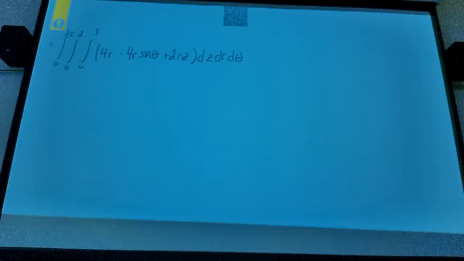This is a cylindrical box, which means we really can just write this in any order we want.